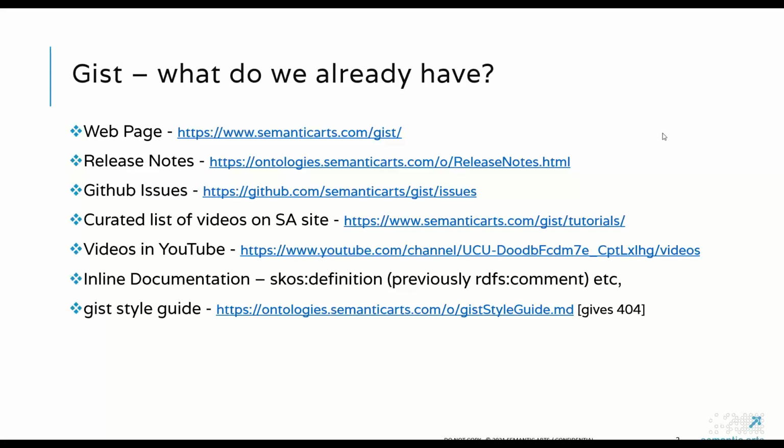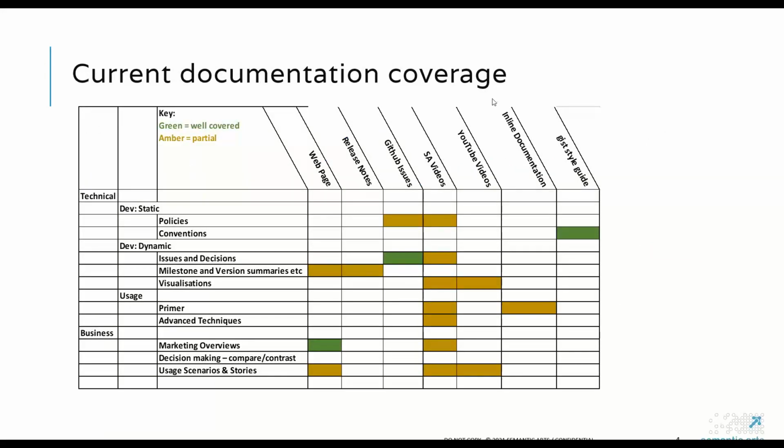Welcome. Okay, so could we go then, Melissa, to the next slide? Now here, green means that we've kind of got it well covered, and amber means that we've got some partial stuff.